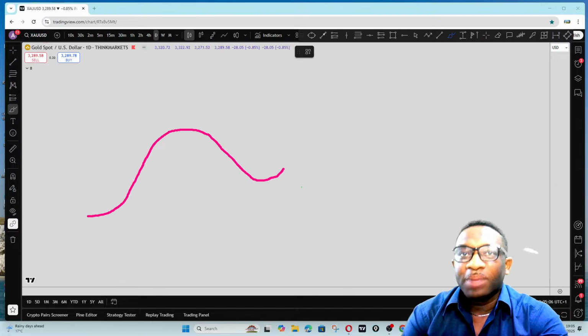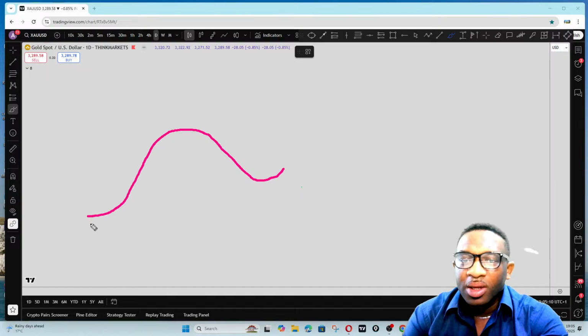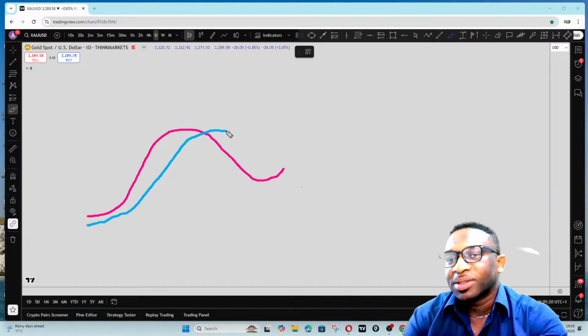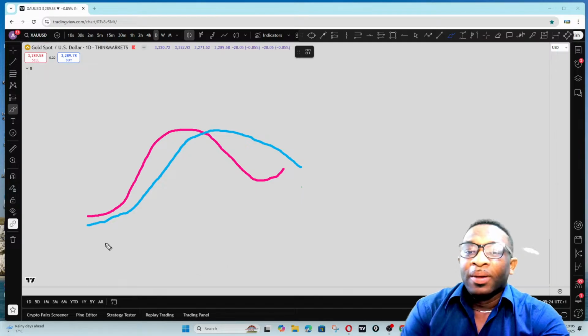So let me pick another color, probably blue. Let's say this is my 20 moving average. As price is making its way up, it also follows price.